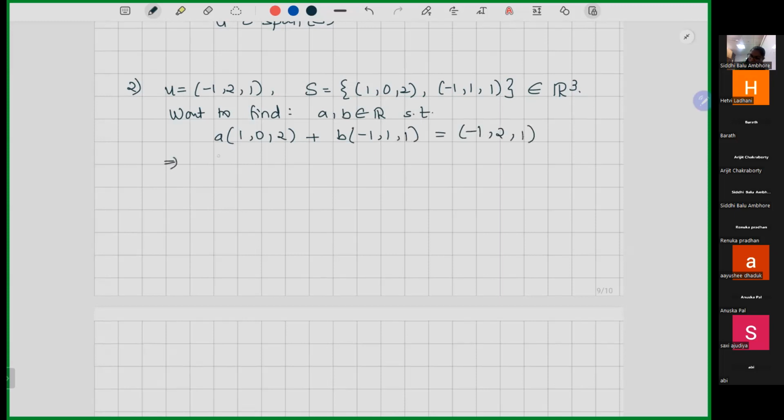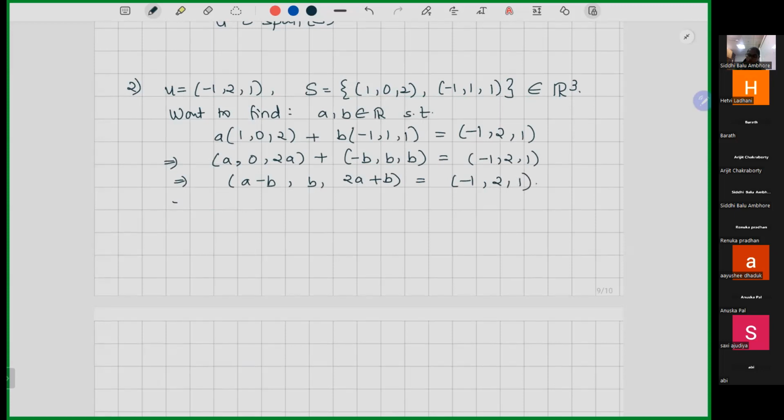So what does this give me? (a - b, b, 2a + b) is equal to (-1, 2, 1).